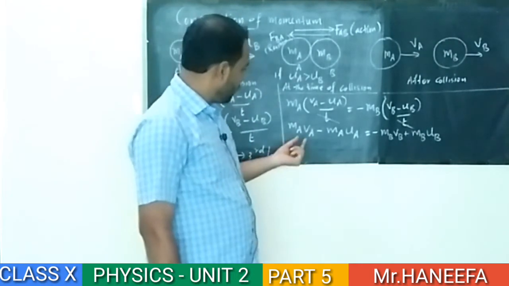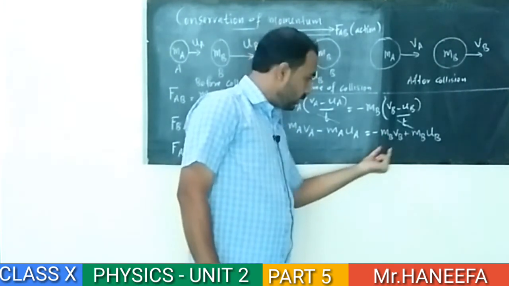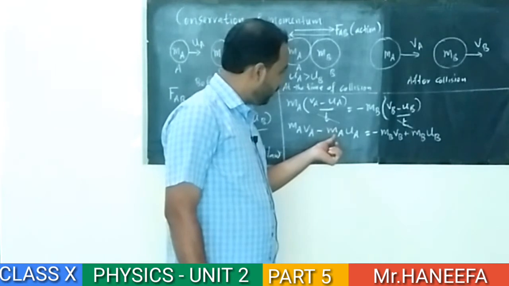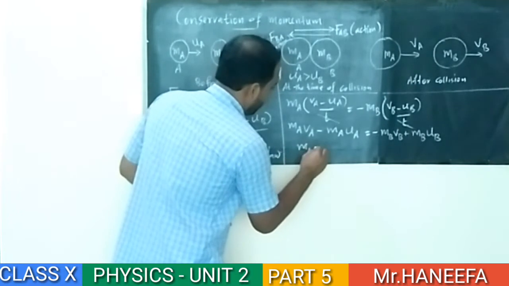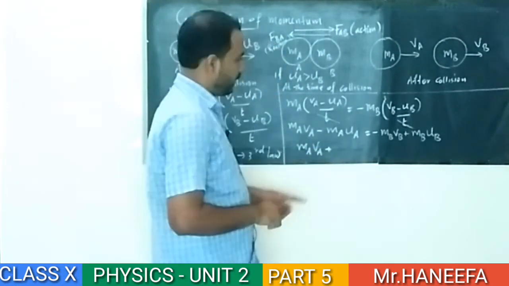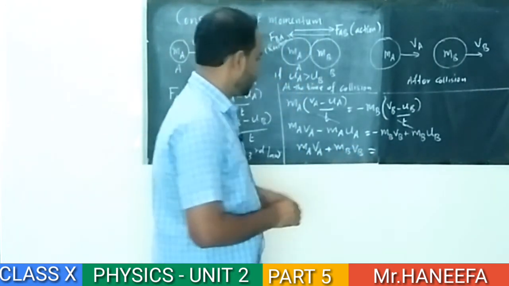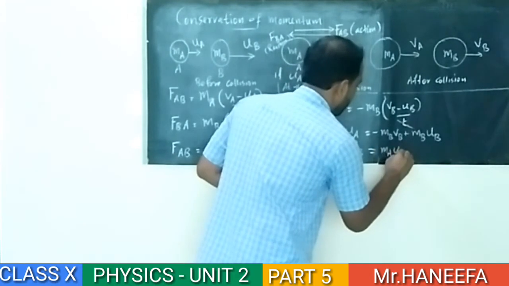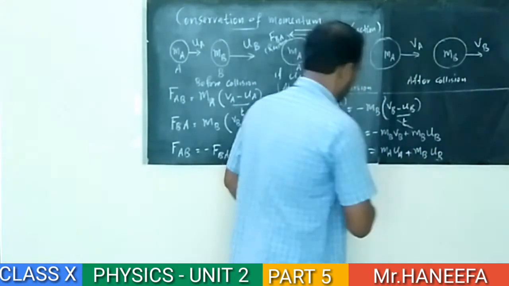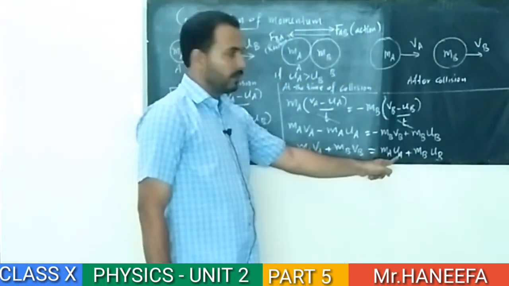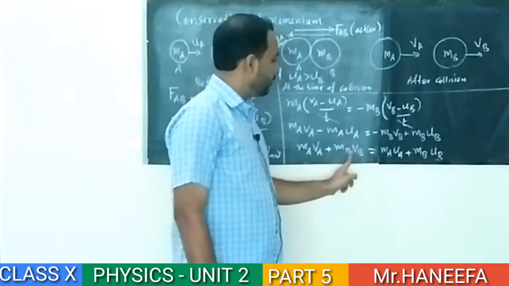Here ma Va, then minus mb Vb is given to this side, then minus ma Ua is given to this side. So we can write ma Va plus mb Vb equal to ma Ua plus mb Ub. So ma Ua plus mb Ub equal to ma Va plus mb Vb.